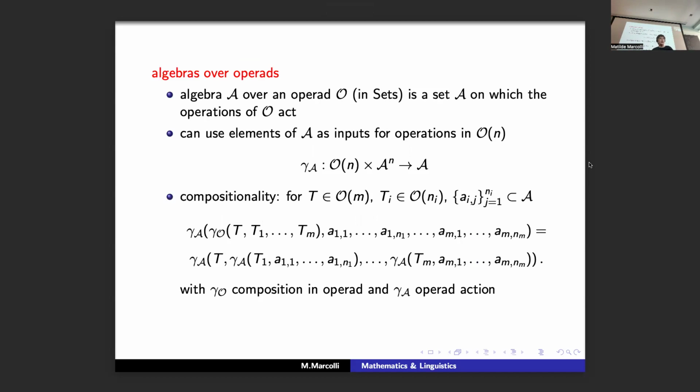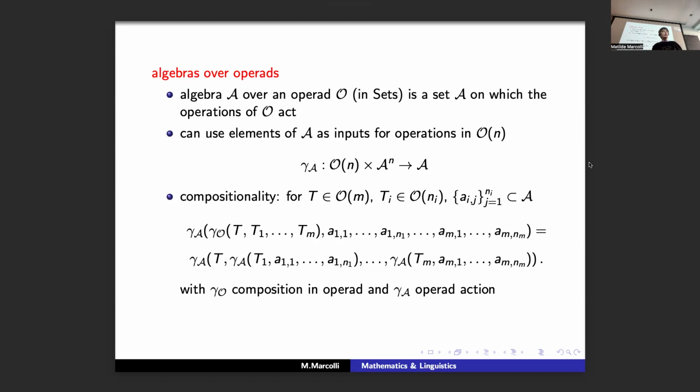And a related notion is that of an algebra over an operad. So again, we are in the category of sets. So an algebra over an operad is itself a set. So it's not an algebra in the usual sense. It's just a set. But it's a set on which your operations that give the operad are acting.